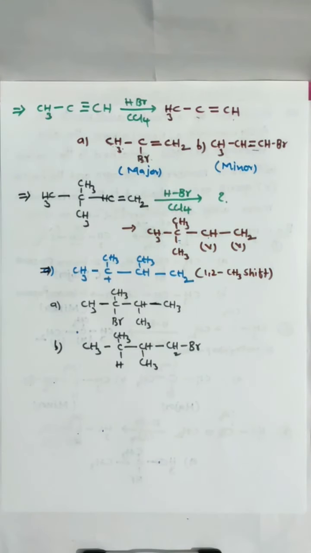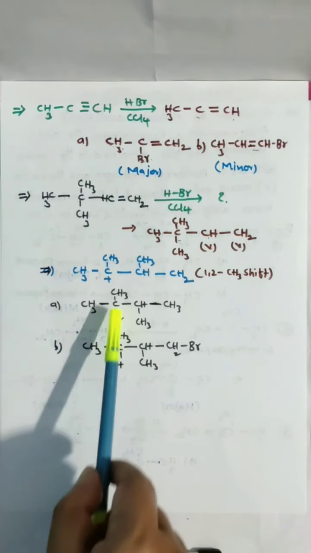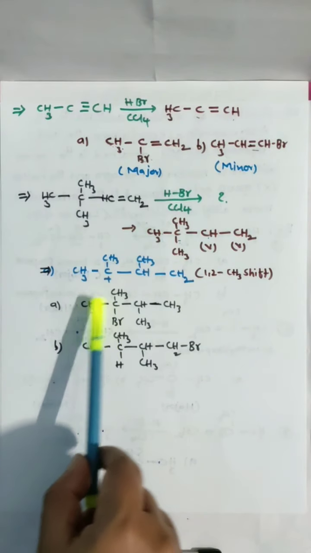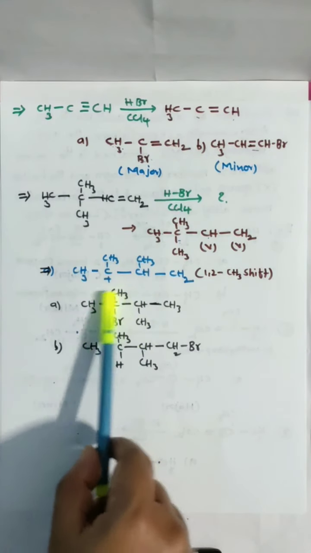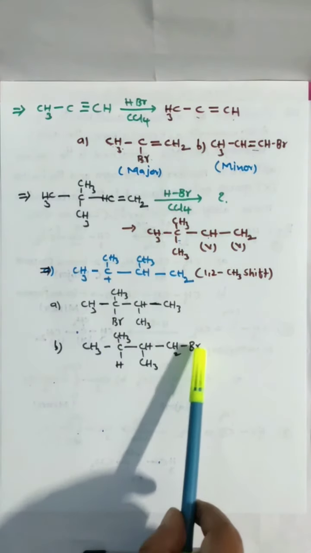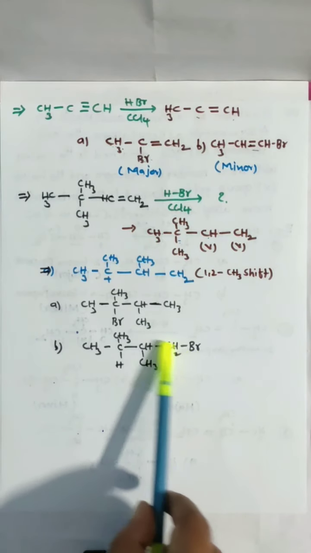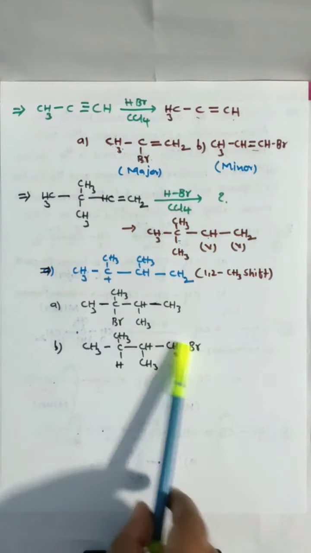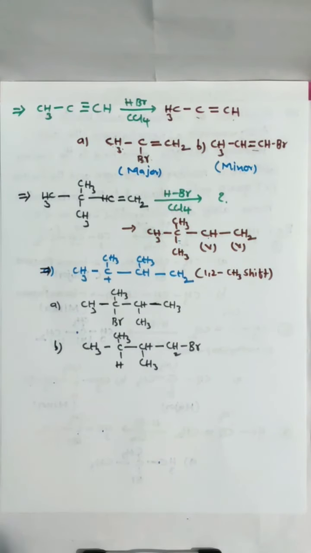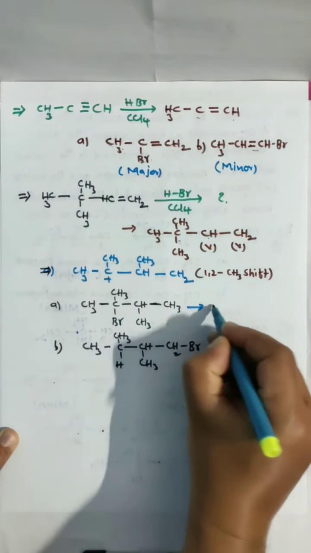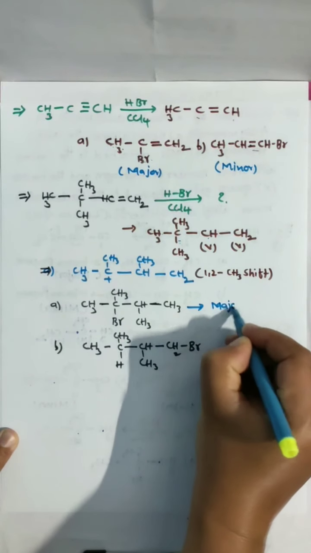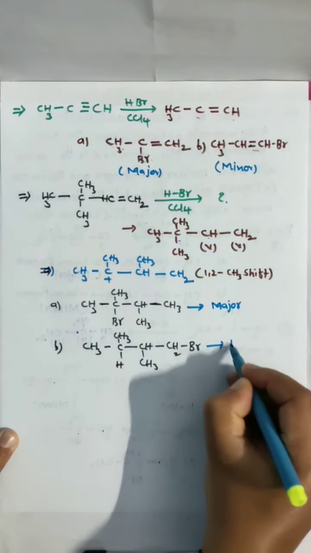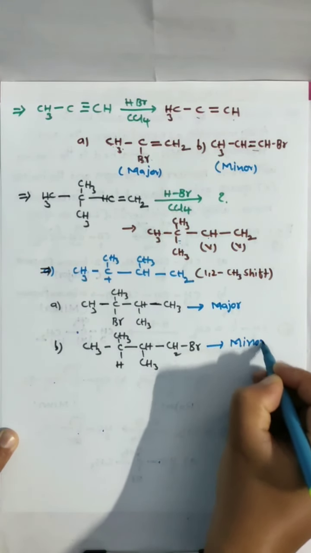Now the halogen atom attached carbon here has 1, 2, 3 alkyl groups. Here the halogen attached carbon has only one group, the isopropyl group. This is total one group. So this we call the major product, and this the minor product.